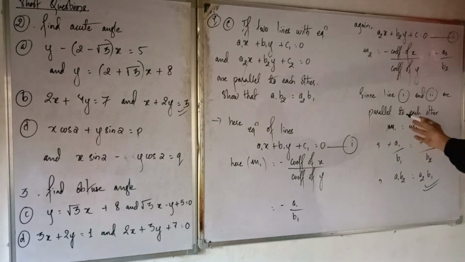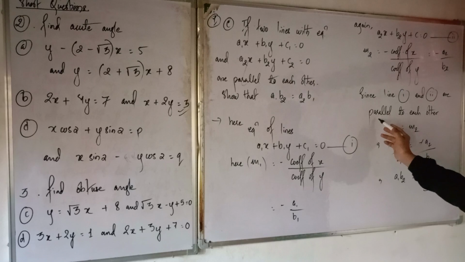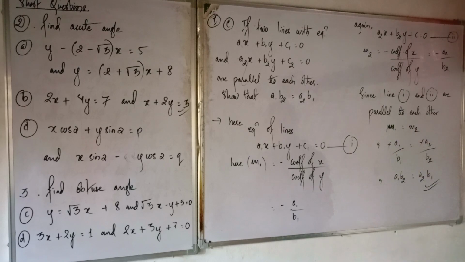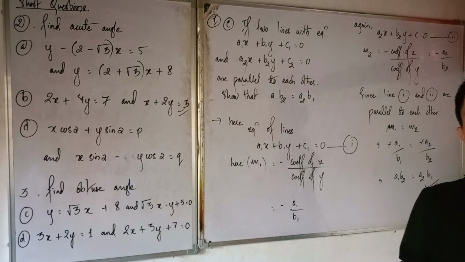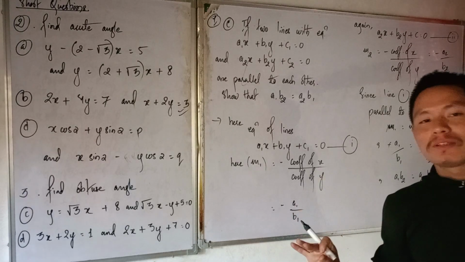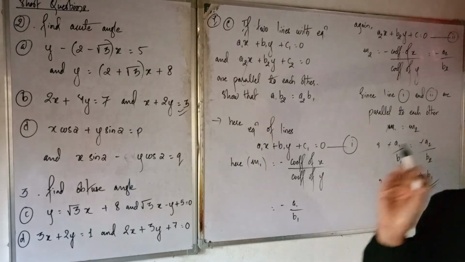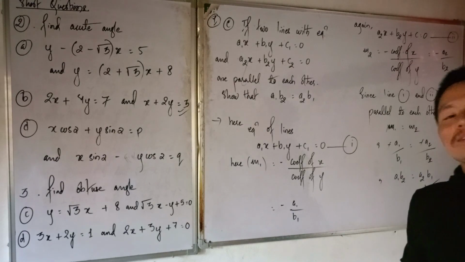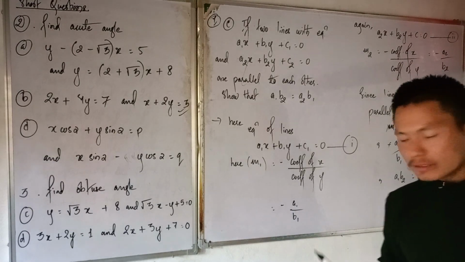Right now we have applied the condition for parallel lines, which means the slopes of both lines must be equal. But if the condition given is perpendicular, then the product of the slopes of the lines must equal -1.